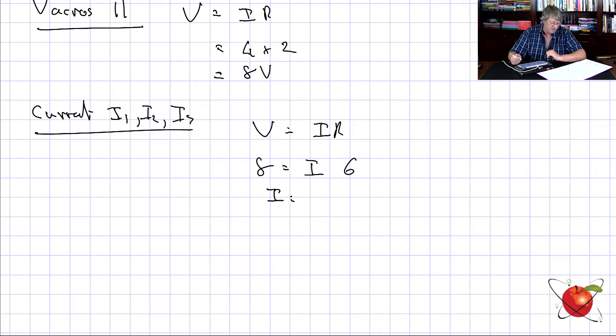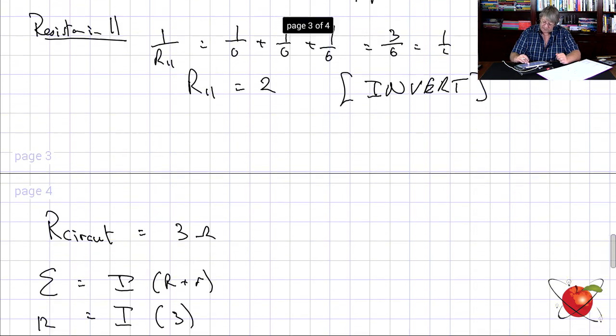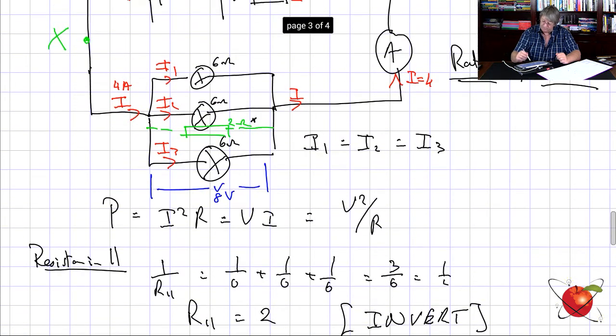All right, what is that? 8 over 6. Oh, well, that's 4 over 3. Right, 4 over 3 amps. Now let's go back to our circuit, and let's put in I is equal to 4 over 3.